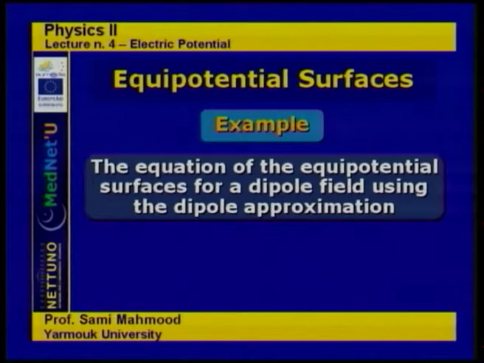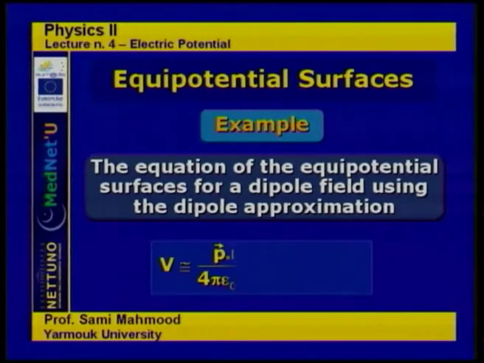And as an example, the equation of the equipotential surface for a dipole, if we use the dipole approximation that we have derived a little while ago, V is equal to P dot R over 4 pi epsilon naught R cubed.